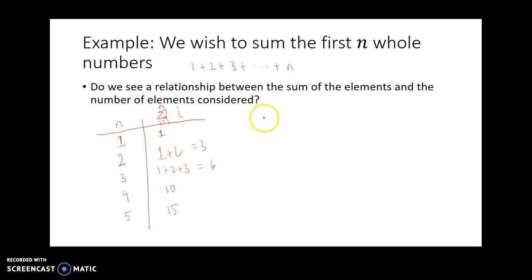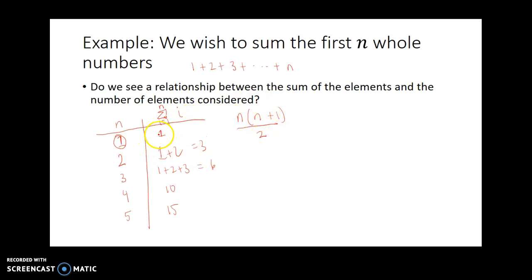Now, if we study the relationship between n and the sum of those n values, first of all, I don't see any way to get directly from a function of n to the sum. But if I do enough playing around with this, I can see that if I take the current value of n, which is 1, for example, and multiply it by n plus 1, which gives me 1 times 2, and I divide that by 2, I will get exactly the sum.